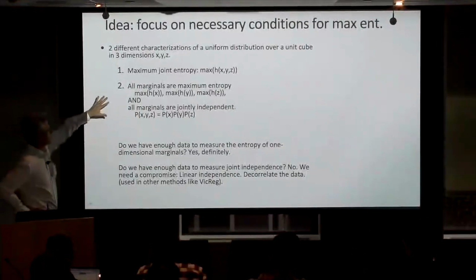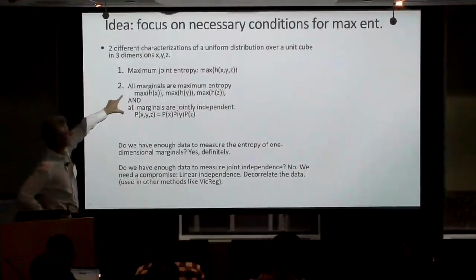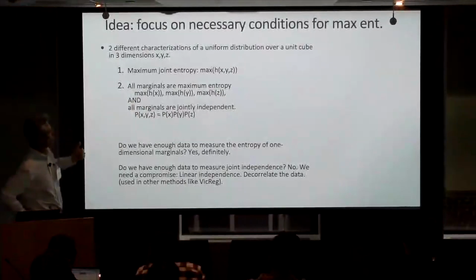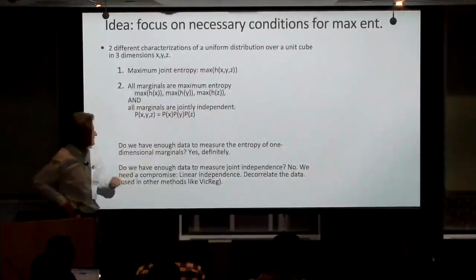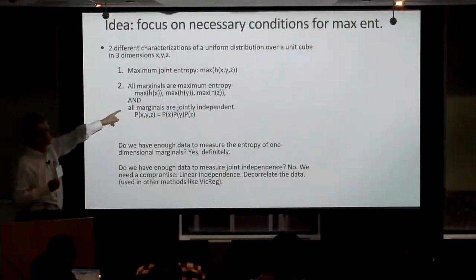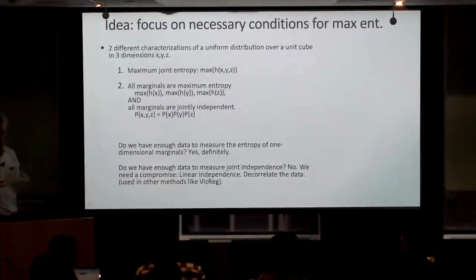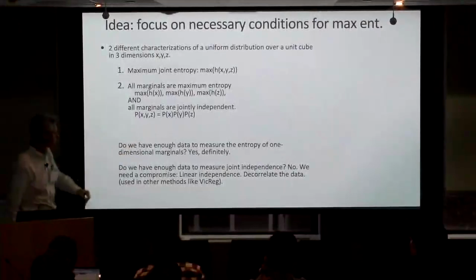A second, mathematically equivalent characterization is that you meet both of these conditions. All the marginals are maximum entropy, so I maximize h of x, h of y, and h of z independently. Those all have to be uniform. And I also need an additional requirement, that the features are statistically jointly independent.